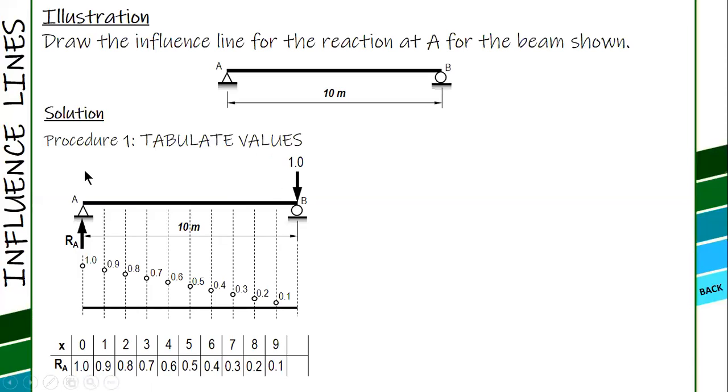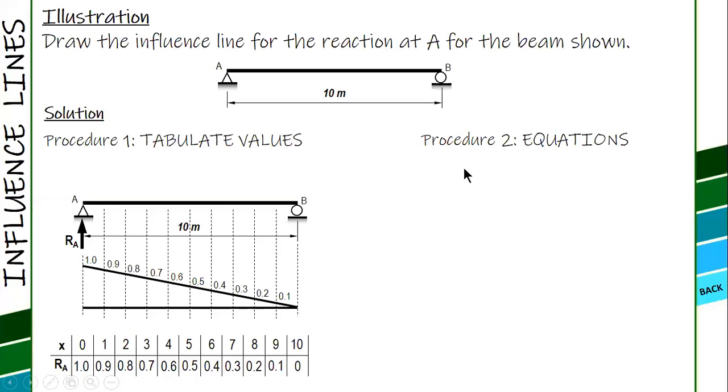The reference is A, and at B, we all know that RA is 0, since RB is 1. So plot 0, and then connect the points. This is now the influence line for the reaction at A.